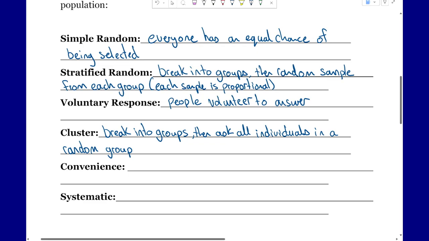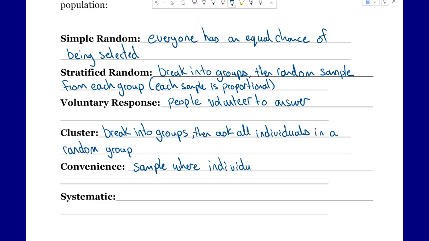Convenience, we sample where individuals are easily accessible. Convenience is basically whoever's easiest to ask.